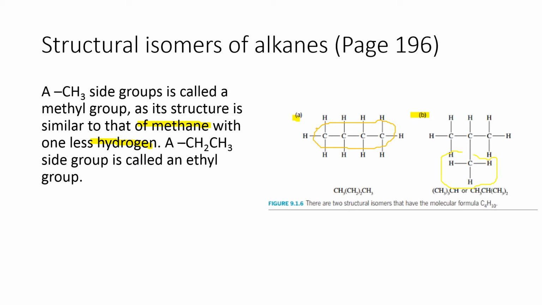Alright, the point here is that if we are going to write the condensed structural formula, which is the one that does not show us the lines, you can see that for A, the condensed structural formula will be CH3, CH2, and then 2 of them for CH2, and then CH3.